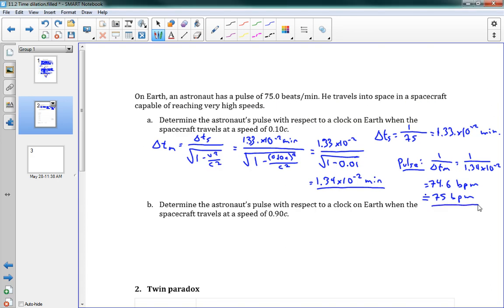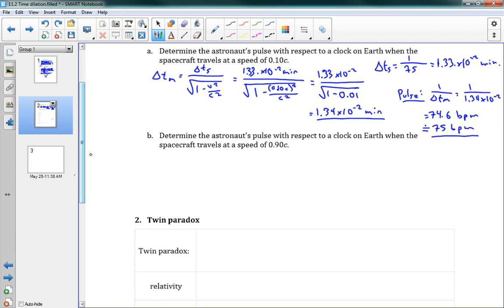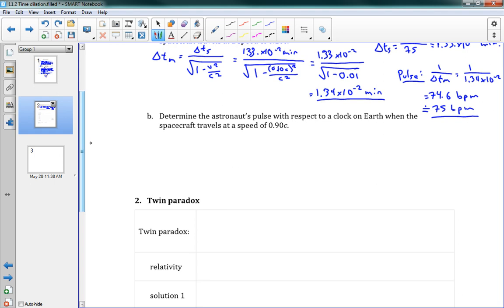Okay, now we'll do the exact same thing for part B. Determine the astronaut's pulse with respect to a clock on Earth when the spacecraft travels at a speed of 0.90c. So we just looked at 0.1 of the speed of light, now we're looking at 0.9 of the speed of light. Same idea. We have delta Tm is equal to delta Ts over root 1 minus v squared over c squared.